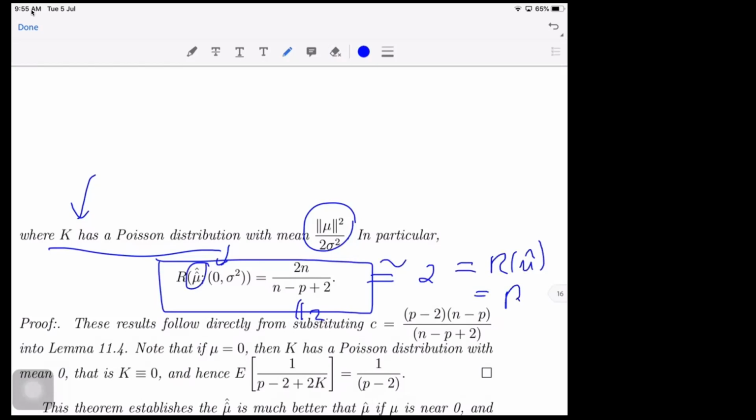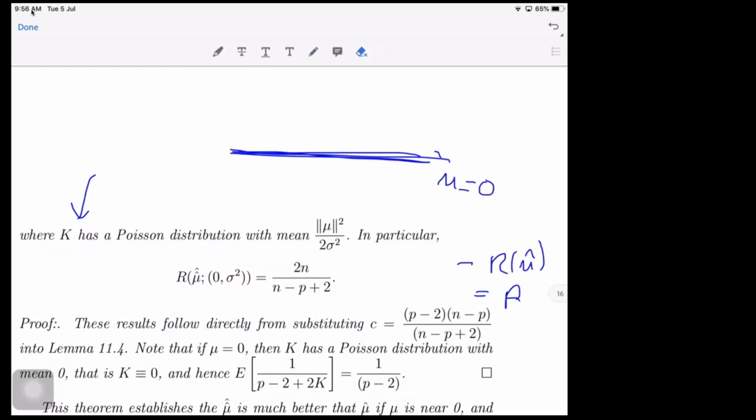If the mean is just 0, meaning your mu is central standard normal, mu equal to 0, the James-Stein estimator is as good as the y bar.